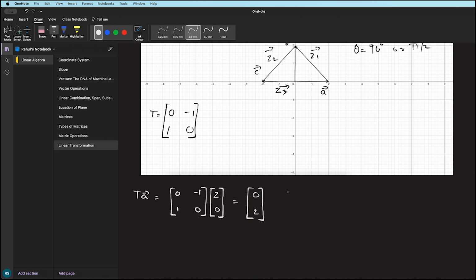Similarly, for T of B, I can write [0 1; minus 1 0], and the vector B is (0, 2). So the transformed B vector becomes (minus 2, 0).